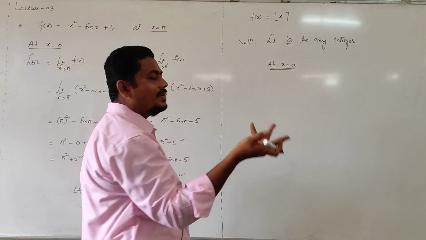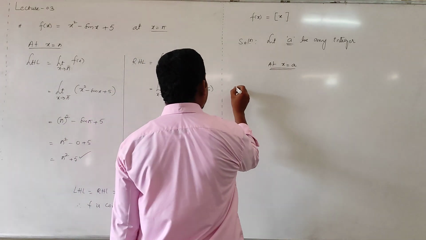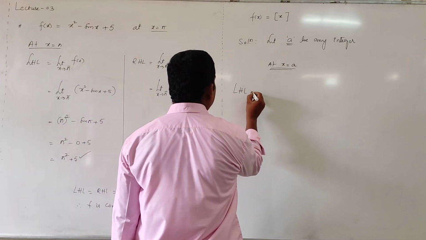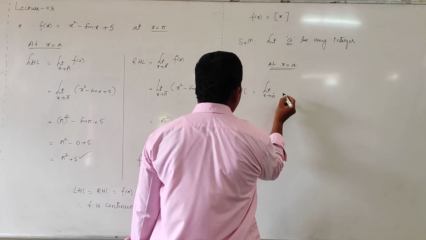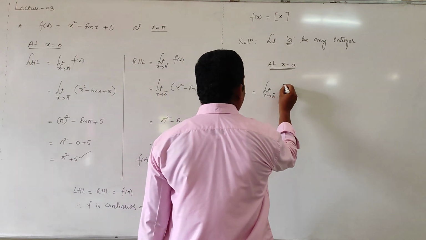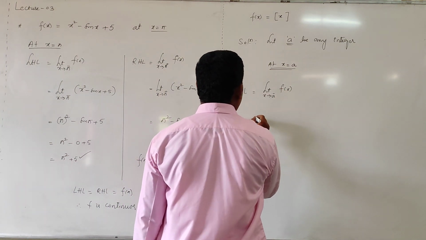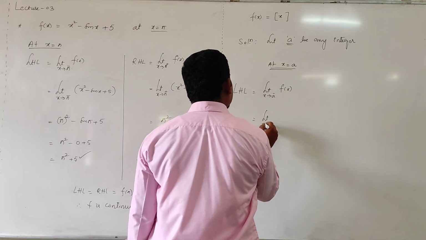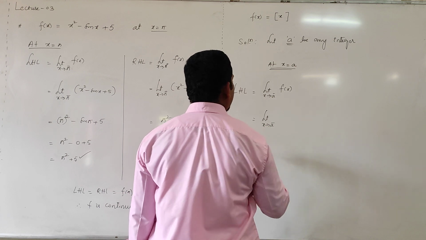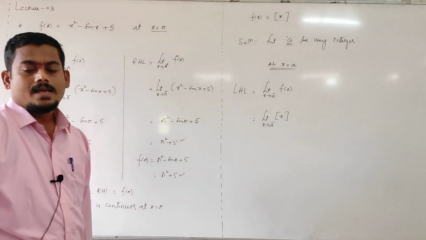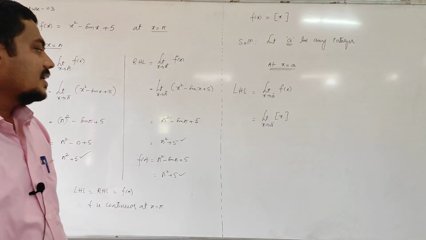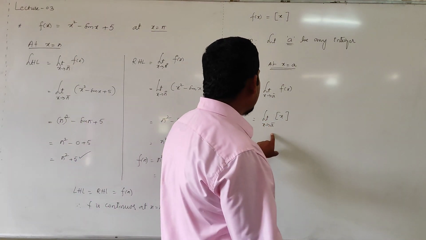Left hand limit: limit x tending to a minus of f of x, where f of x is the greatest integer function. What is the value of limit x tending to a minus of step x?